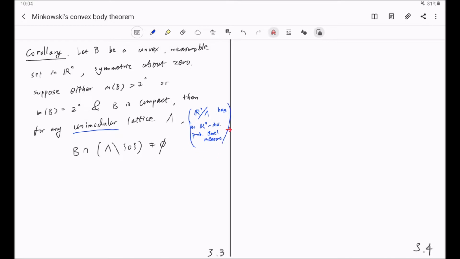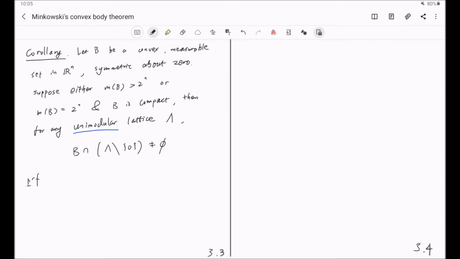But this is not really the definition we are going to use. What we are going to use in the proof of this corollary will be that the matrix formed by the coordinates of this unimodular lattice under the canonical basis of R^n has determinant plus minus 1. So you don't have to memorize this definition at this moment. You will see in the proof.